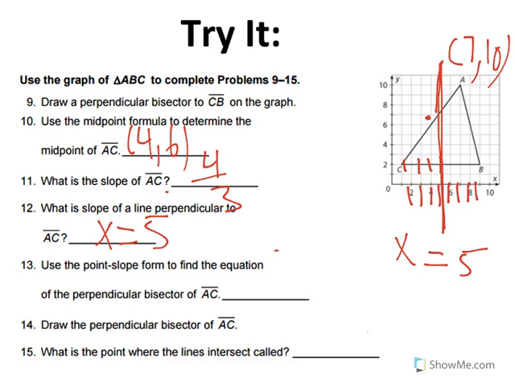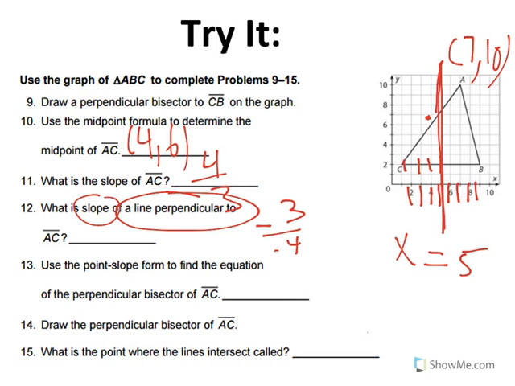Let's go back to number 12. I think I made a mistake. We're just looking for the slope, right? So the slope of AC is 4 over 3. So then the slope of the perpendicular bisector line would be the negative reciprocal, so negative 3 over 4.